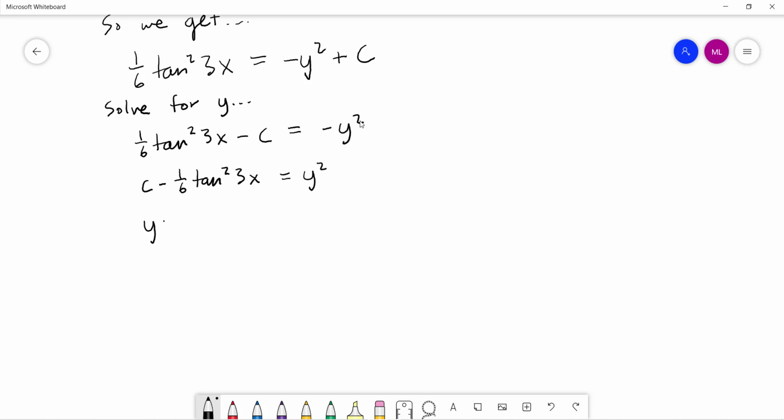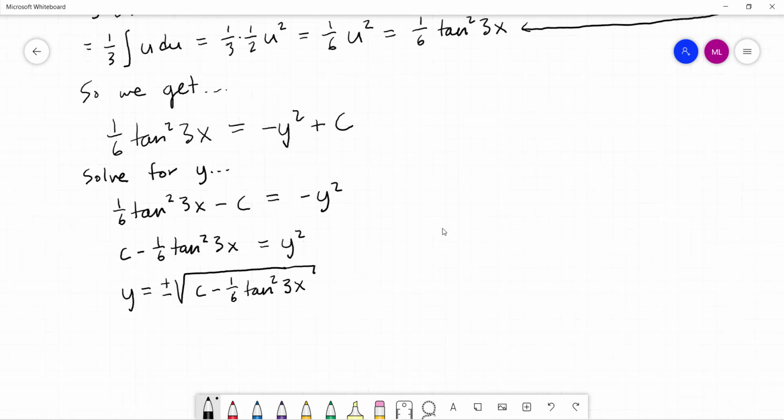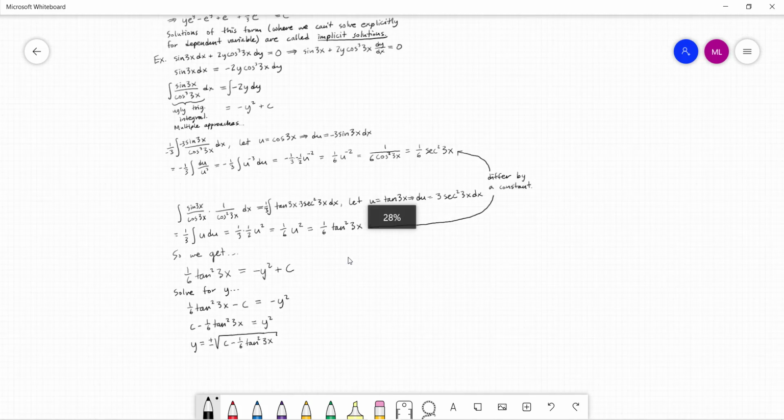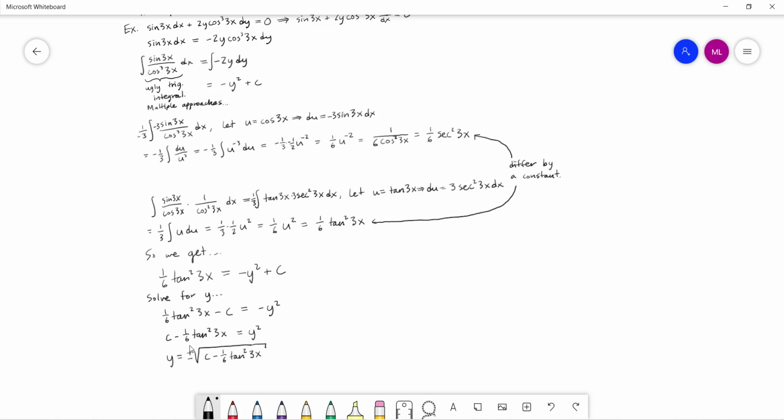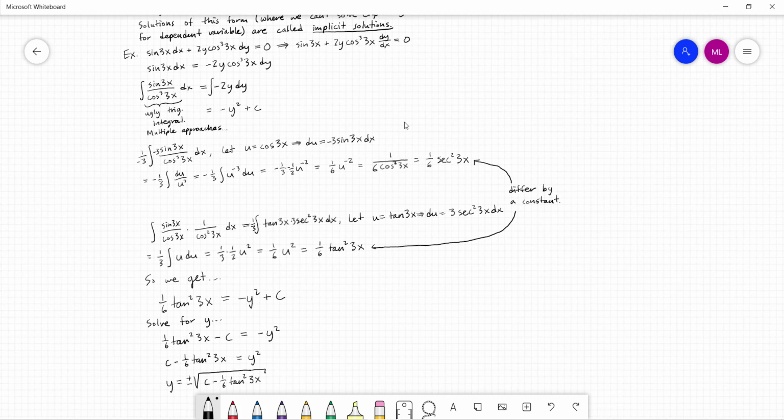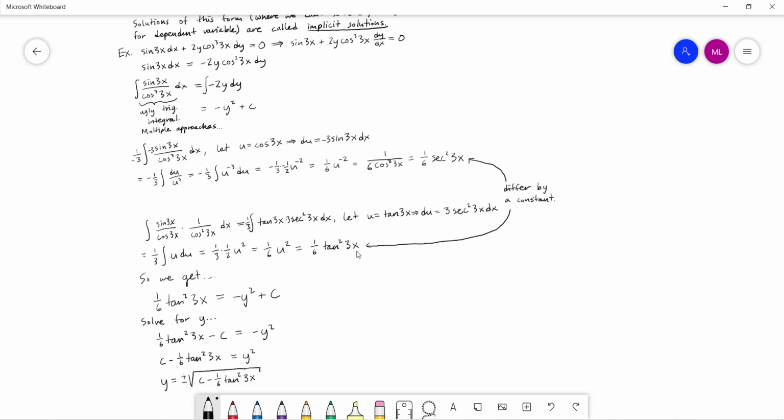And to get y by itself, we get that y is equal to the square root, and there's two possibilities, plus or minus the square root of c minus 1/6 tangent squared of 3x. And there's what our solution to the original differential equation looks like, solved explicitly for y. And again, if we wanted to plug in an initial condition, we would do that in this final stage here to figure out what value of c works for the specific condition that we're trying to satisfy.